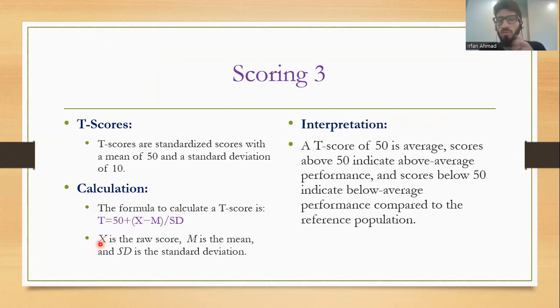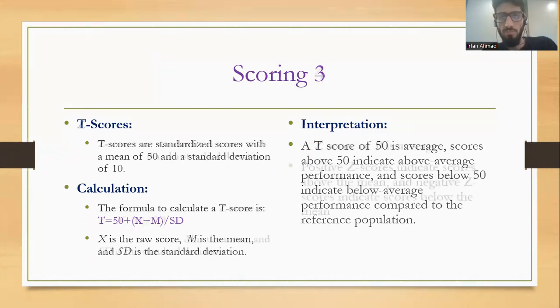X is the raw score for the specific domain. M is the mean of the domain, and SD is the standard deviation of the domain component scoring. Now interpretation: a T-score of 50 is taken as average. A score above 50 indicates above average performance, and a score below 50 indicates below average performance, compared to the reference population.